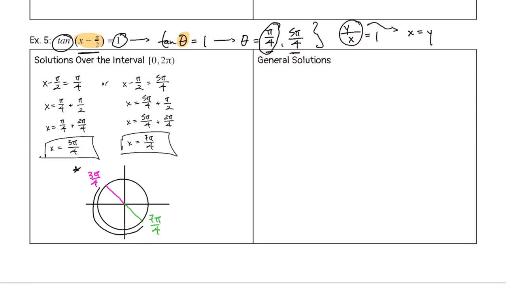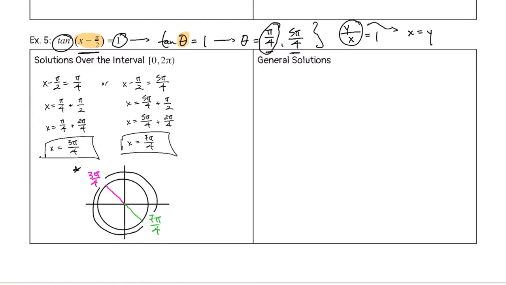What if I go another half rotation around? That gets me back to the pink angle, right? What if I add another pi to the pink angle? Where do I get to? I get back to the green, okay? So this is a very special case here.